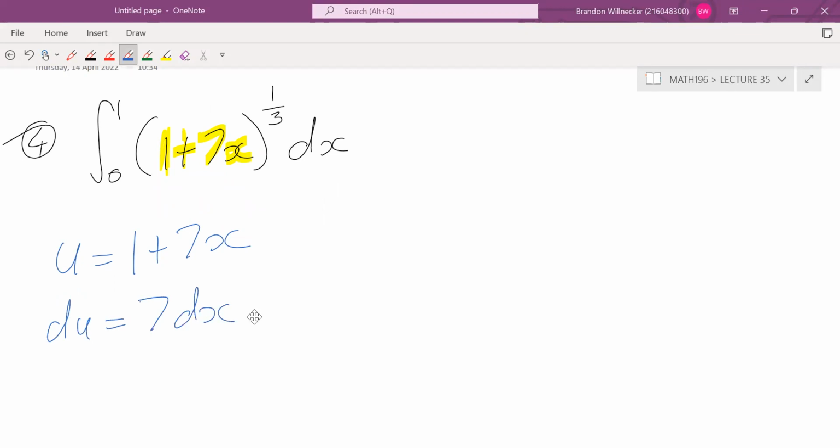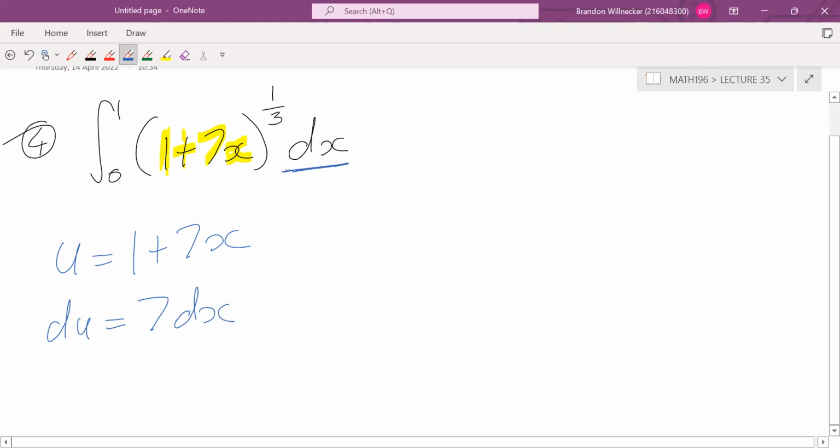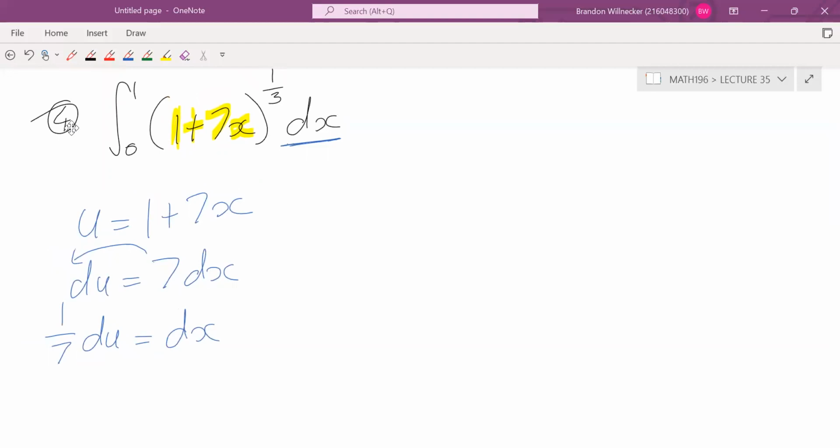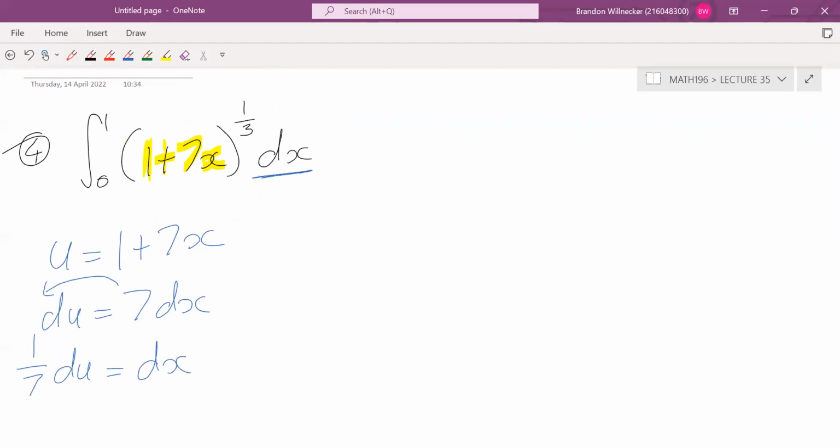Okay, we don't have 7 dx. We've just got dx. That's not a problem. We can take the 7 over to the other side. 1 over 7 du is dx. Okay, which is what we wanted. But if it's a definite integral, we also need to change the bounds.